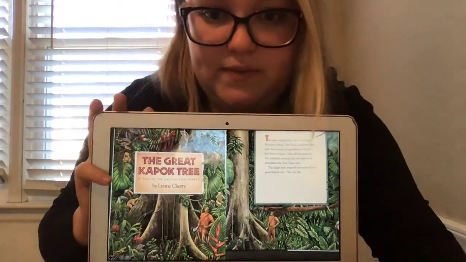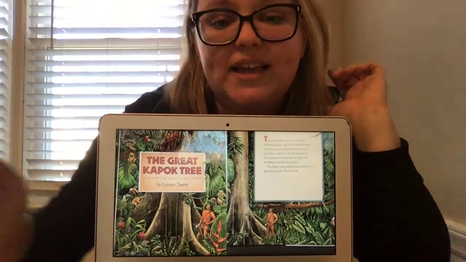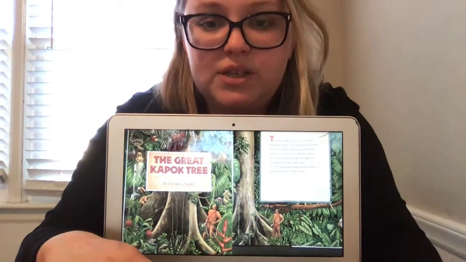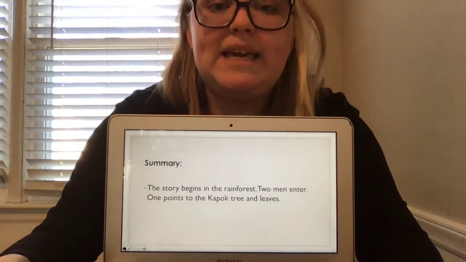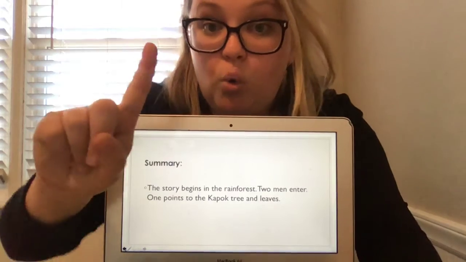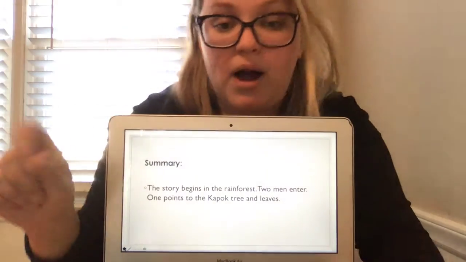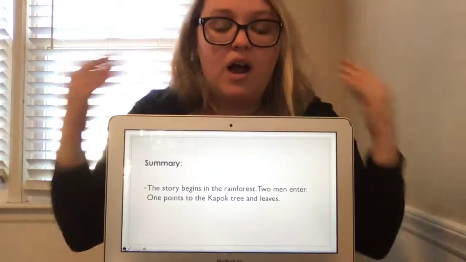And this is the first story. You will listen to this in a little bit, but I will tell you my summary of the first page. So the story begins in the rainforest. Two men enter. One points to the kapok tree and leaves.